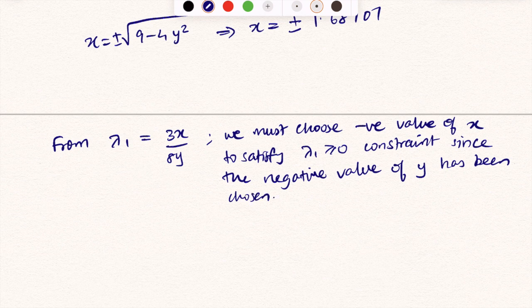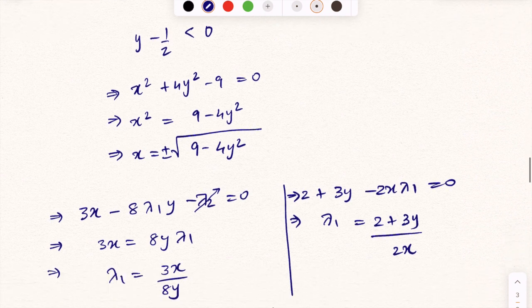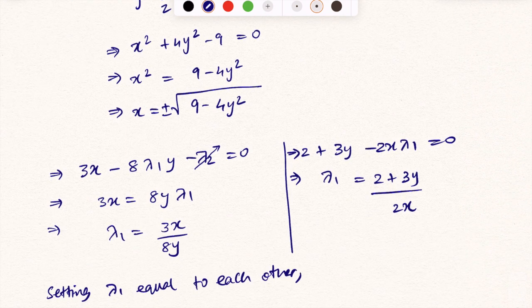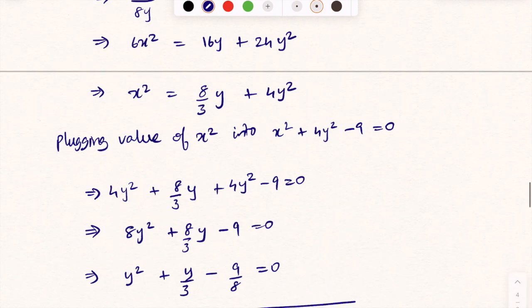The thing I want you to take away from this is that the goal is to keep finding values of x, y, and lambda 1 and lambda 2 such that they all satisfy their constraints and the KKT conditions. In the first case, if you remember, we first solved for values of x and y, and then when we had multiple options, we plugged different values into equations with lambda 1 and lambda 2 to find out which ones gave us valid candidate points.